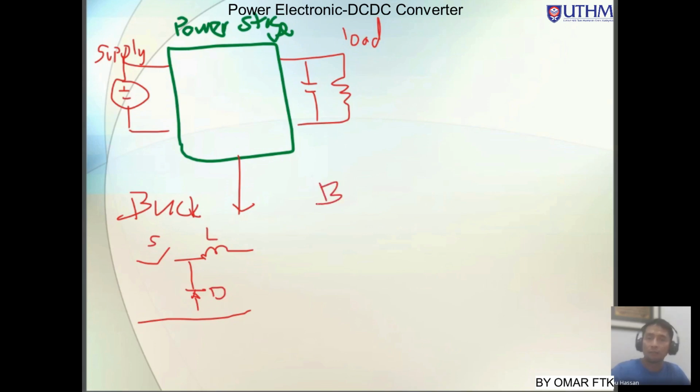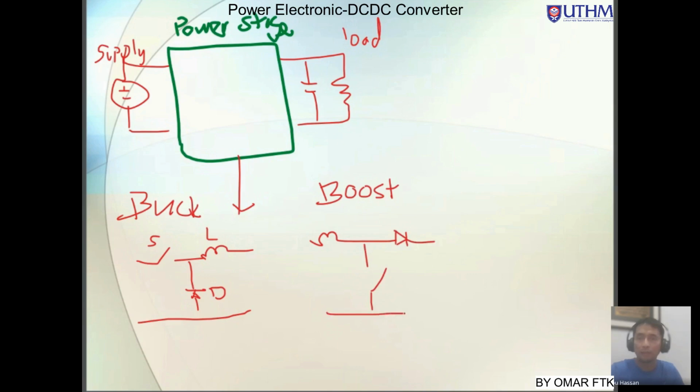For boost, the arrangement is slightly different. We start with the inductor, then the diode, and then we put the switch over here.